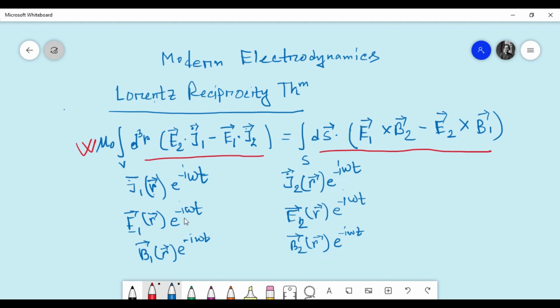Now the problem statement tells us to suppose there's a time harmonic current density which produces electric and magnetic fields which are also time harmonic, and to consider another time harmonic current density which produces another set of electromagnetic fields which also have harmonic time dependence.